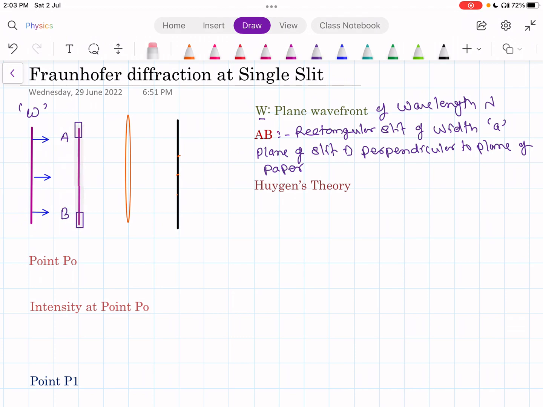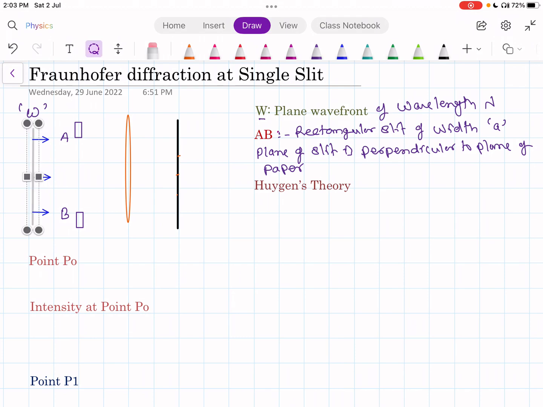When this wavefront is incident on the slit, every point in the plane of the slit acts as a secondary source and emits secondary waves in all directions. This is as per Huygens wave theory of light.